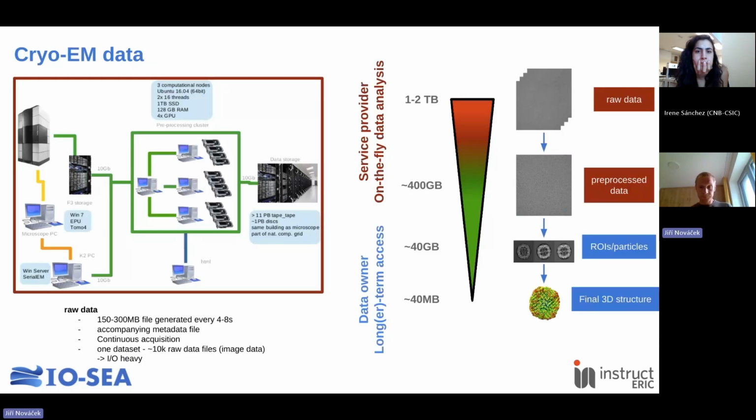So, in brief, what do we need to do when we operate a facility and collect the cryo-EM data, or how does the specific cycle of the cryo-EM data look? As with any other imaging data, the cryo-EM data are typically very heavy on the size of the original raw data, because we're acquiring images, and per data set we usually have something like 1 to 2 terabytes of the raw images. This is produced by an electron microscope.